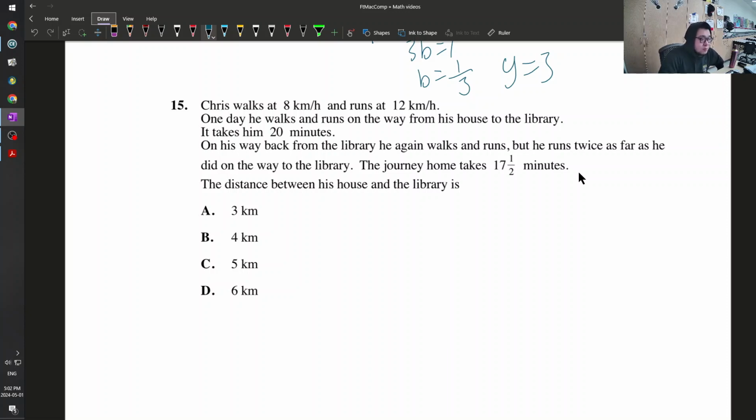So let's convert 20 minutes into hours. So 20 over 60 hours. 17 and a half, so 17.5 over 60 hours. Now we have to find a good x and y value to finish this question.